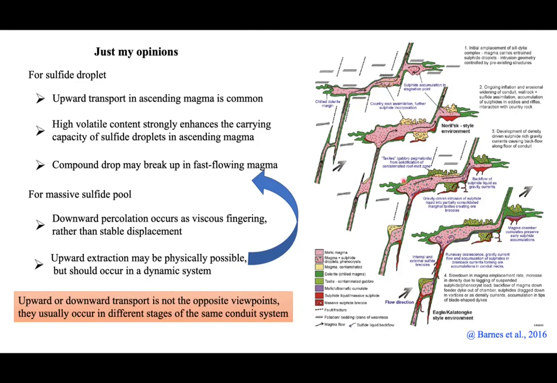At the beginning, the conduit system may be very strong, powerful, and very dynamic, and the sulfide droplets can be transported upward. Then, along with cooling and crystal accumulation, the system cools down and the energy is exhausted.